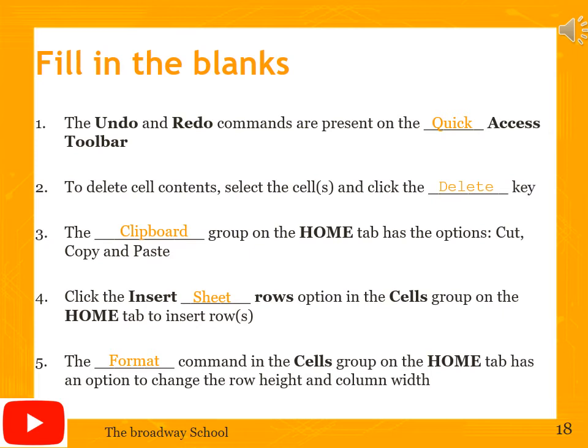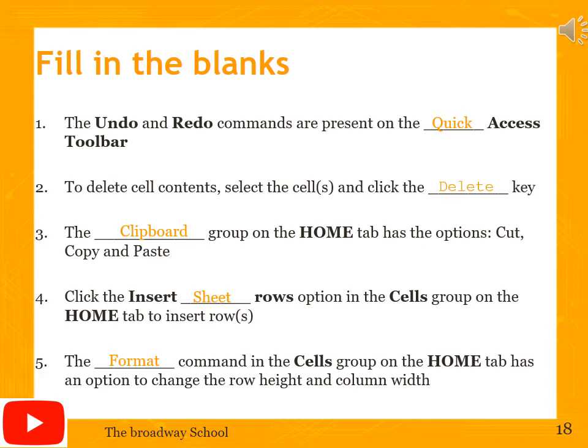Delete key, of course. The dash group on the Home tab has the options cut, copy and paste. Clipboard. These options are always in the Clipboard group. Either you are using PowerPoint, Word, Excel, or Access, these will be found in the Clipboard group.